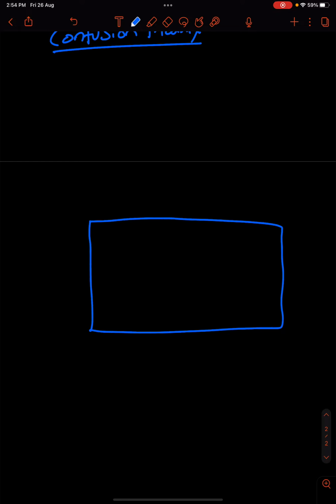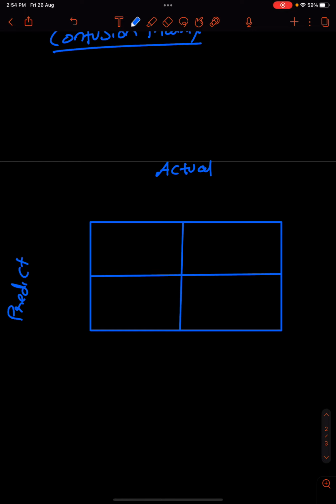So let's say I have a matrix like this. Let me draw this quickly here. And let me call this the positive class, this the negative class. Before that, let me say this is where my actual values are and this is where my prediction values are.